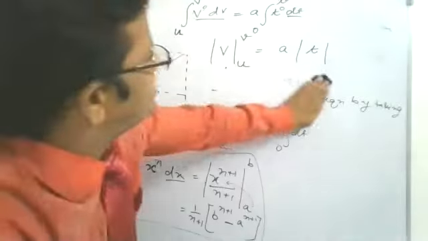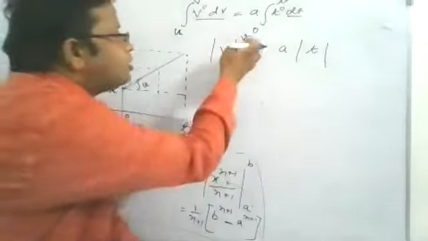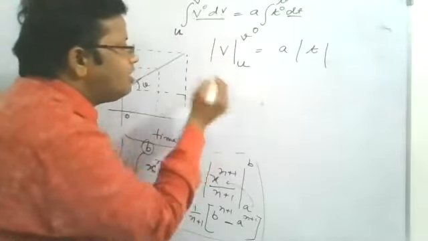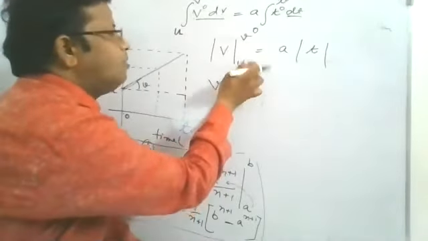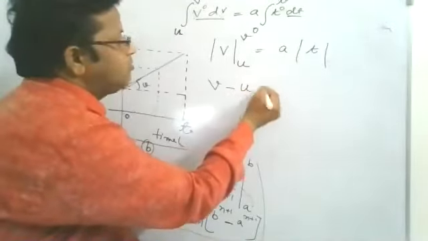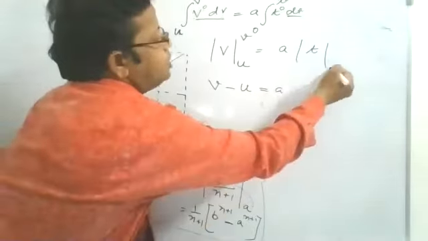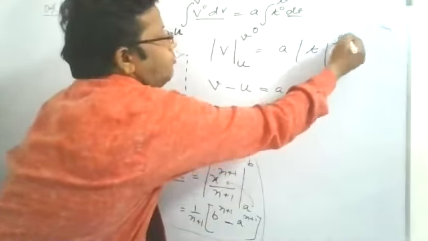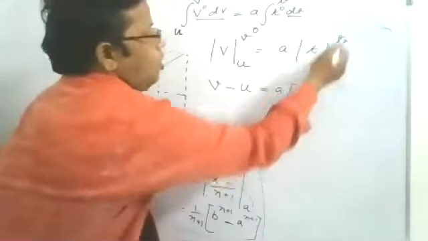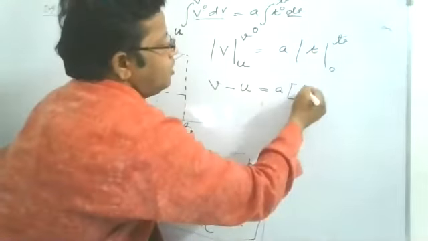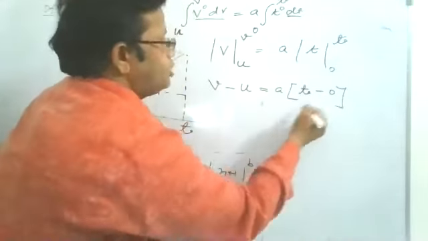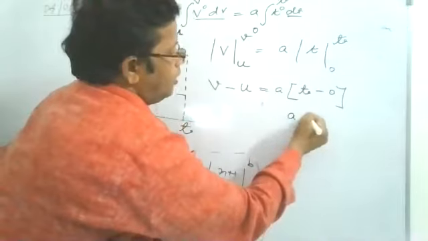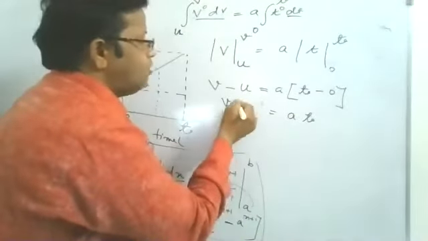Now let us see here. First put the upper limit small v minus the lower limit u. Then on the other side, the lower limit is 0 and the upper limit is this t, the final time. First put the upper limit t minus lower limit 0, so a into t is equal to v minus u.